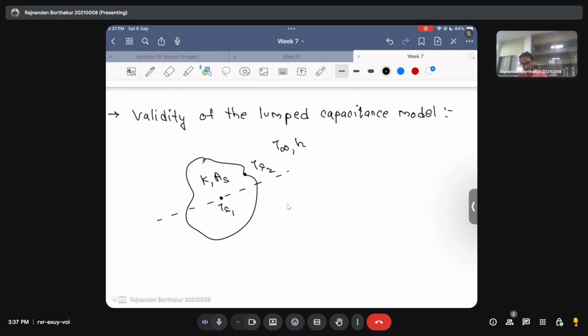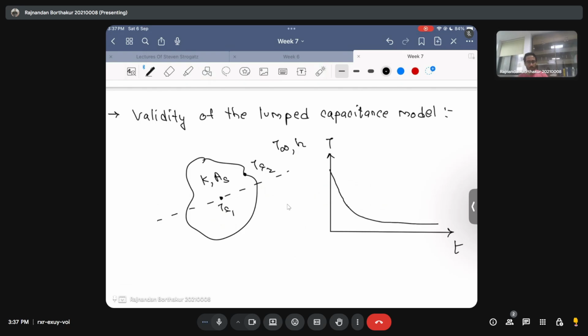And if you want to understand it in a better way, if you plot the temperature profile of the body with respect to time, it will be at an initial temperature Ti, there will be a transience where your temperature will drop, and then it will reach a steady state.